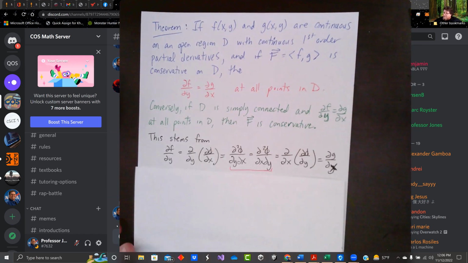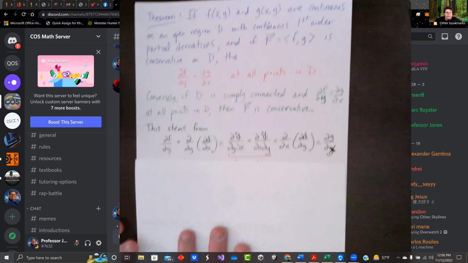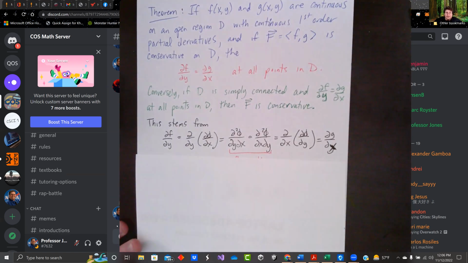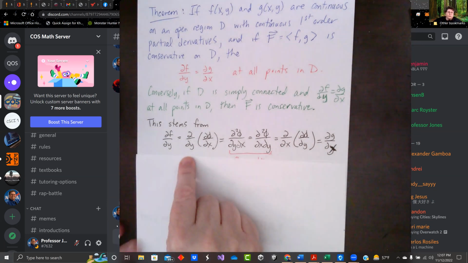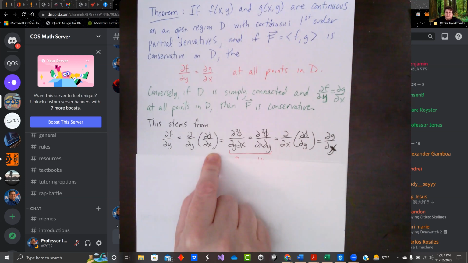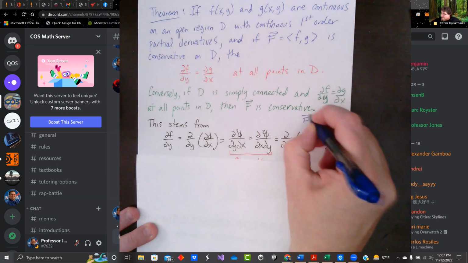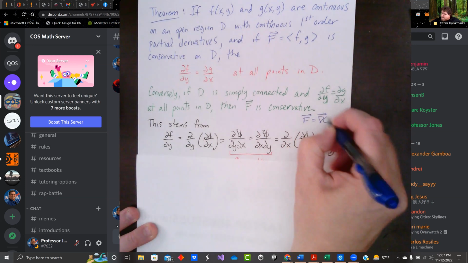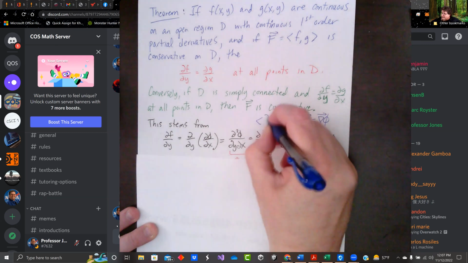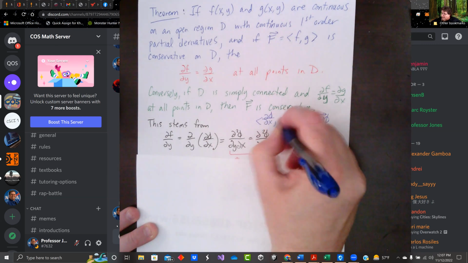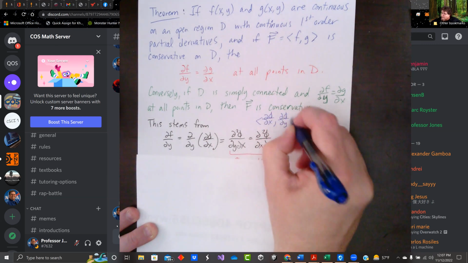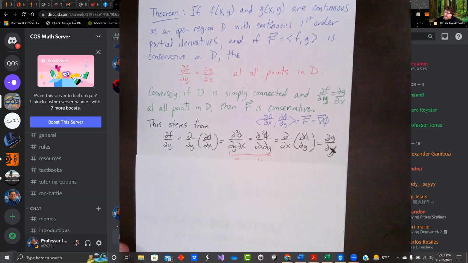Why? This does stem from the definition of what df dy is. If I take df dy, it's really the partial with respect to y of the d dx of phi. Because remember, we've got F is the gradient of phi, which is d phi dx, d phi dy. So f is d phi dx.